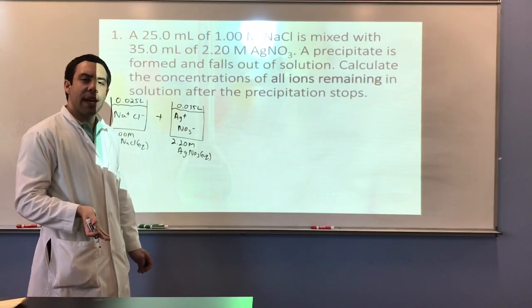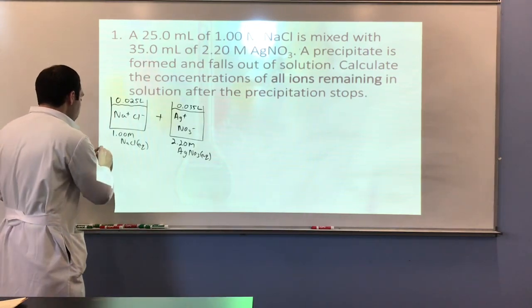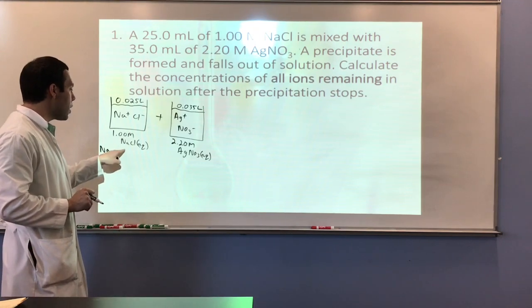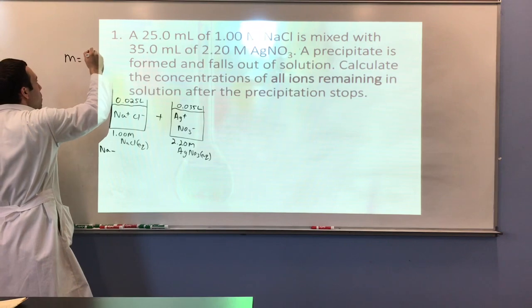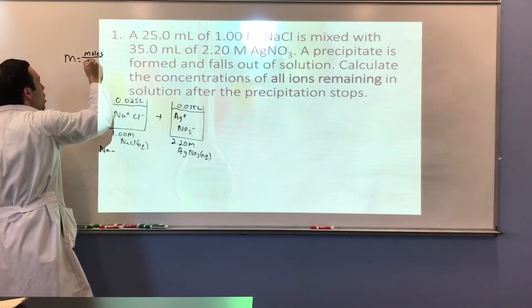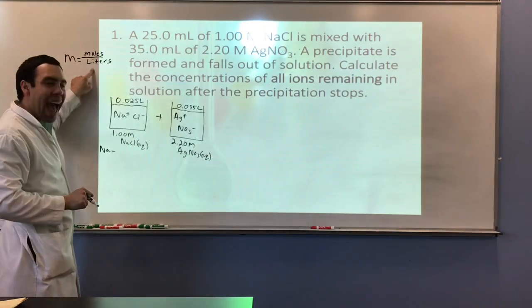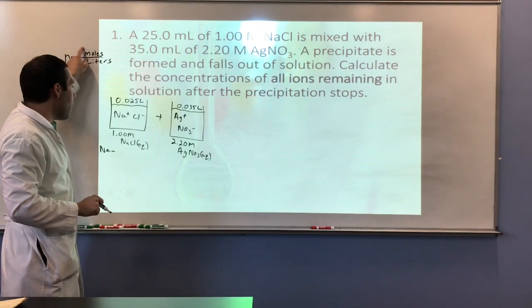Let's first calculate how many moles of each substance we have in each beaker. For sodium, to find out the number of moles of sodium, you'd have to use the molarity formula. Molarity equals moles over liters. I have molarity, I have liters, so if I multiply those two together, I will get the number of moles.